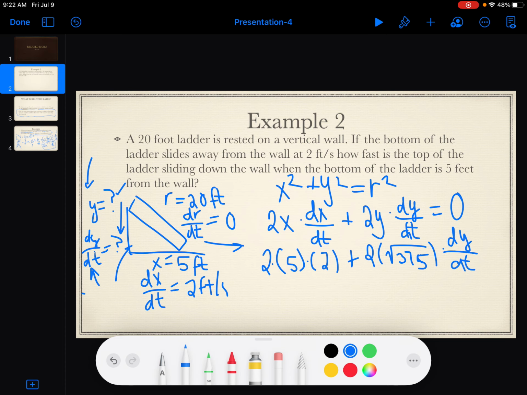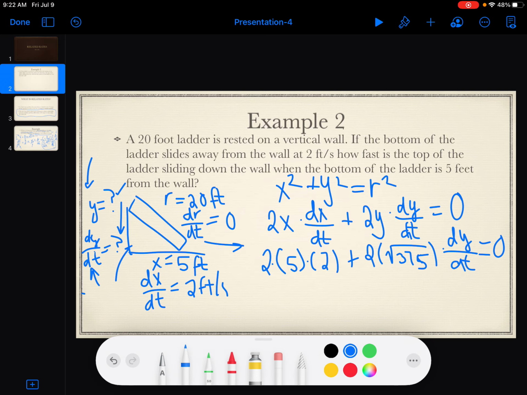So just before I finish this question, what I want to say is that you're looking for a relationship that relates the rates that you are given. So here we have dx by dt, and we want to relate that to dy by dt, in order to solve for dy by dt.